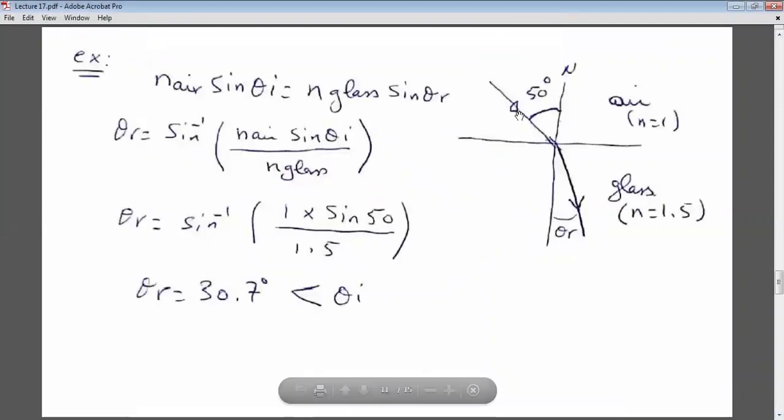For example, we have theta incident equal to 50 degrees, and the question is to find theta R. The index of refraction of air is 1, and the index of refraction of glass is 1.5.